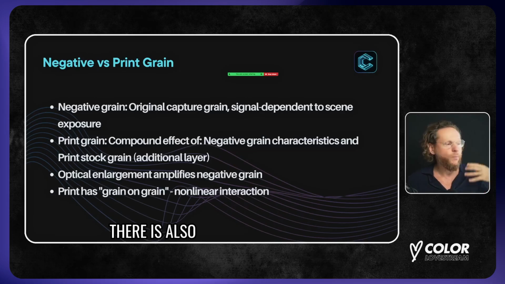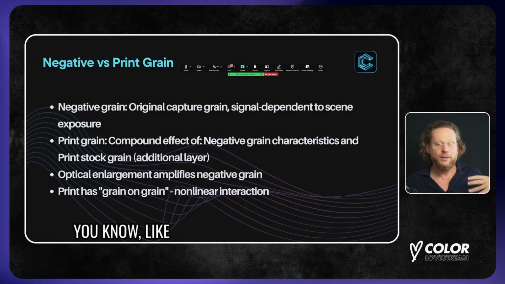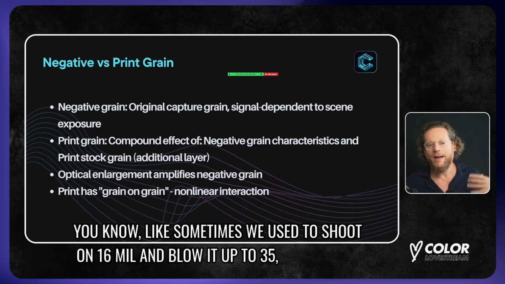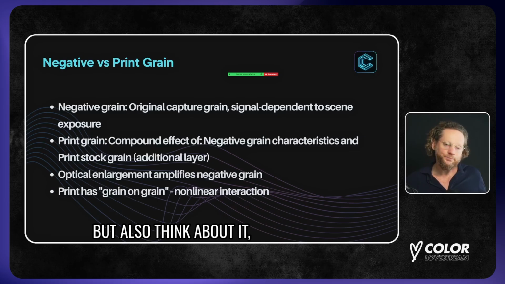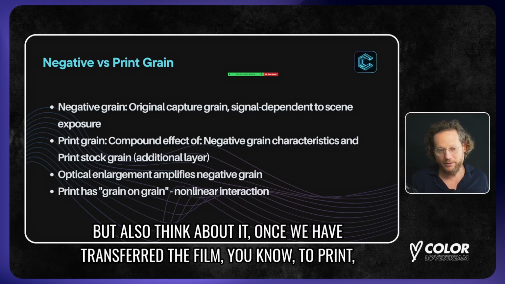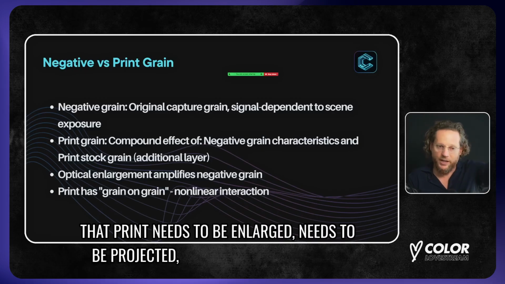There is also a process of optical enlargement involved. Sometimes we used to shoot on 16 mil and blow it up to 35, which made the image very grainy. But also think about it: once we have transferred the film to print, that print needs to be enlarged and projected.